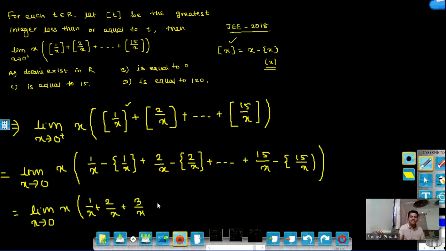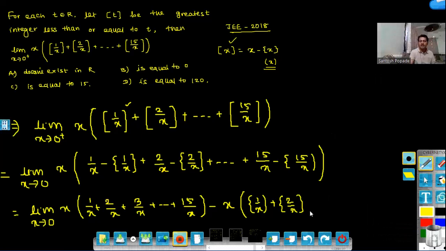So 1 by x plus 2 by x and continuing like this, the last term is 15 by x, minus, I will take minus common from the other terms, minus x into the bracket of the fractional parts: the fractional part of 1 by x plus the fractional part of 2 by x and continuing like this up to the fractional part of 15 by x. Okay.